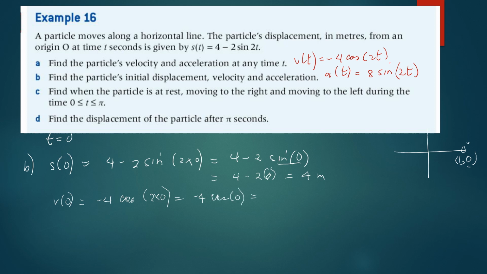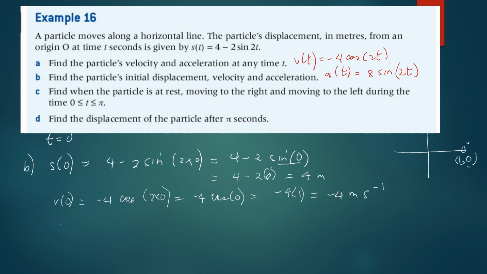What's cosine 0? Cosine 0 degree is 1. So negative 4 times 1 is equal to negative 4 meters per second, because this is velocity.